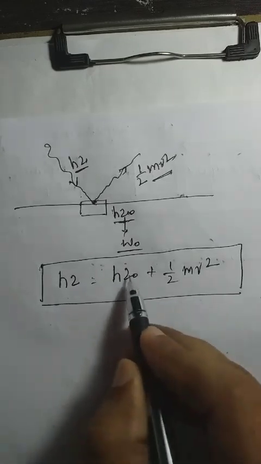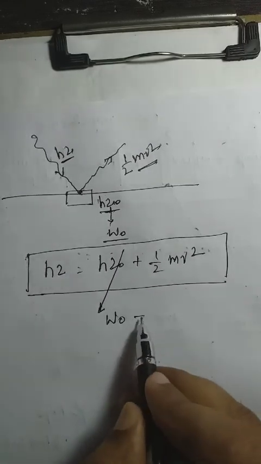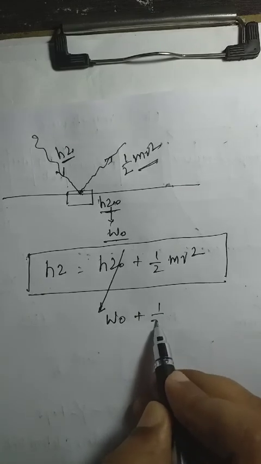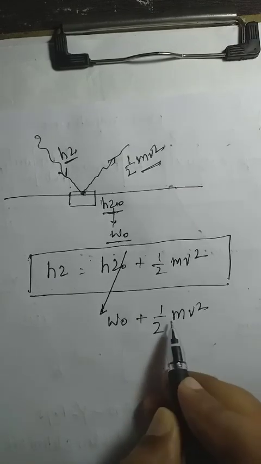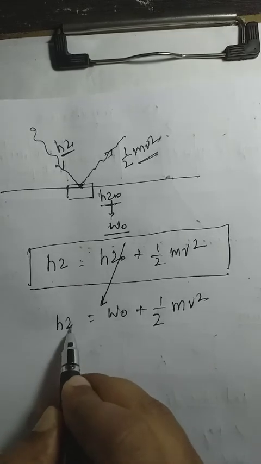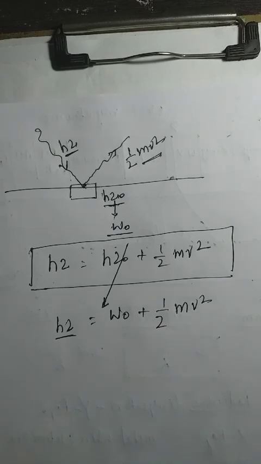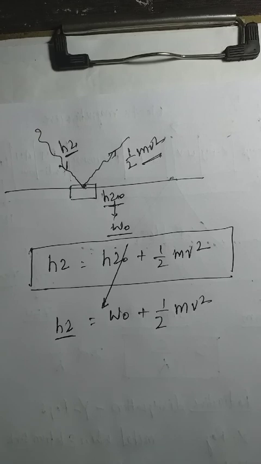Memorize it. h nu naught is equivalent to W naught, the work function, and half mv square, where m is mass and v is velocity, and nu is the frequency.